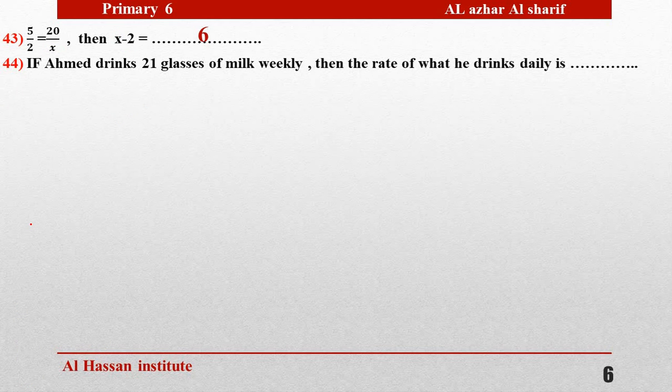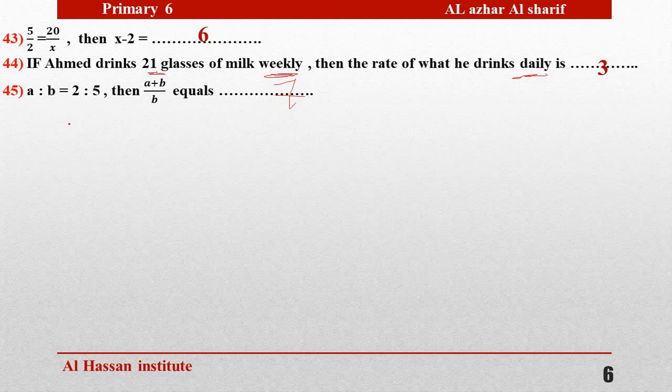Next, if Ahmed drinks 21 glasses of milk weekly, then the rate of what he drinks daily is, we divide 21 by 7 because a week equals 7 days. So we divide 21 by 7 equals 3.